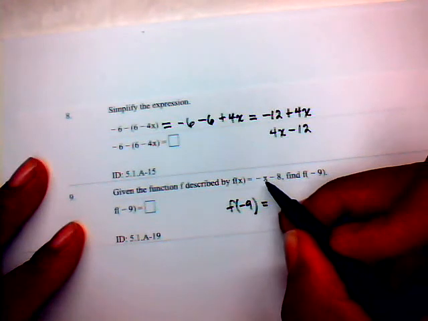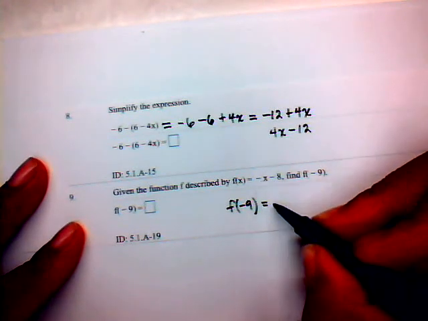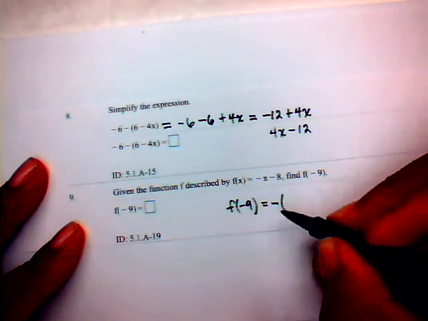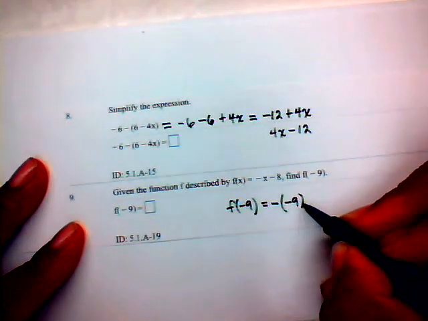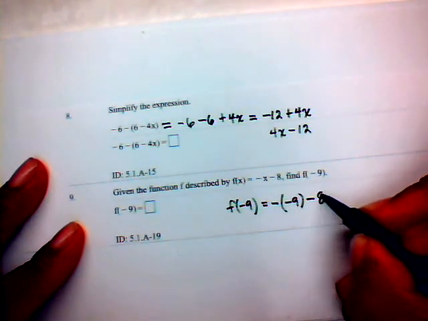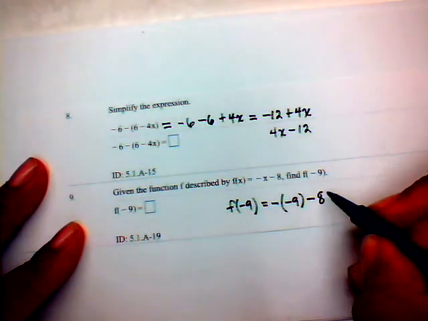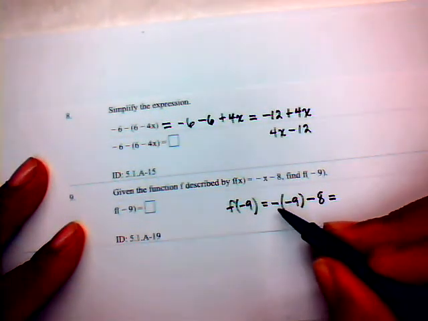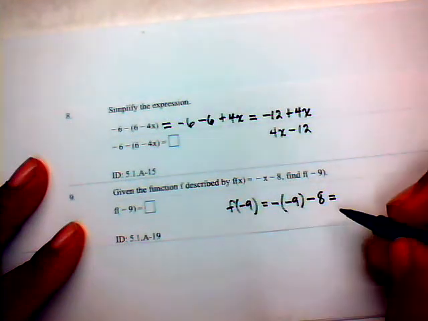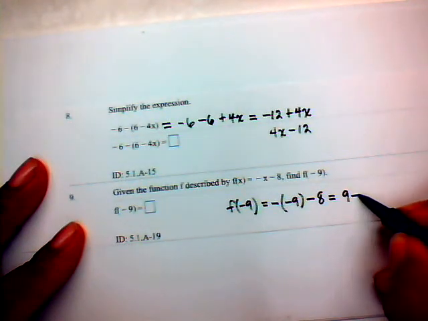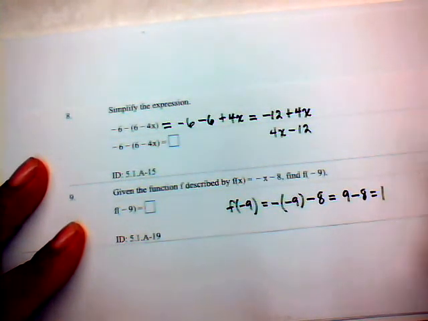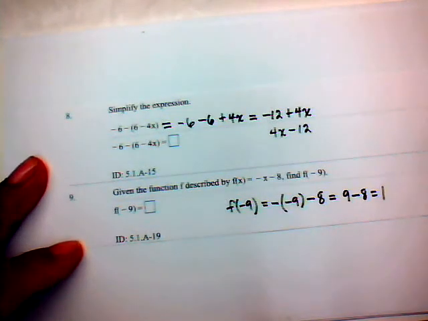We replace the x with negative 9, so we're going to have this negative sign in front of the x, but then we replace that x with negative 9. So we've got negative of a negative 9 minus 8. In this case, the opposite of negative 9 is 9. So it'll be 9 minus 8, which will equal 1.